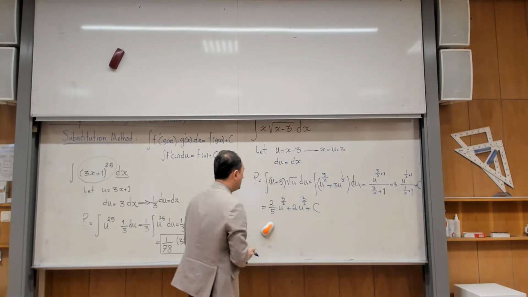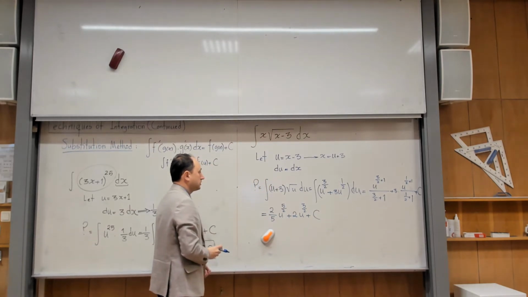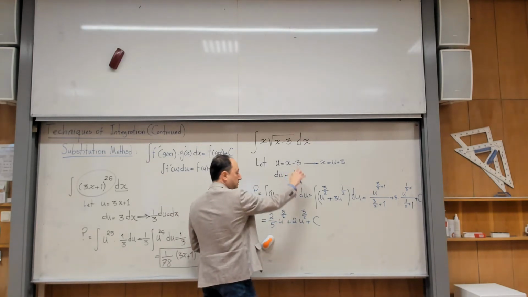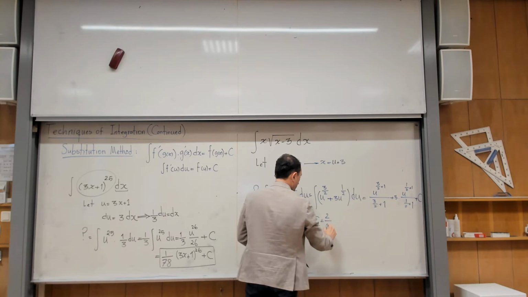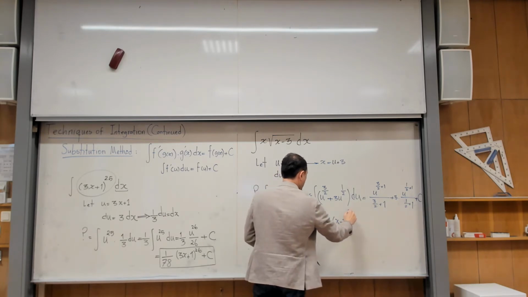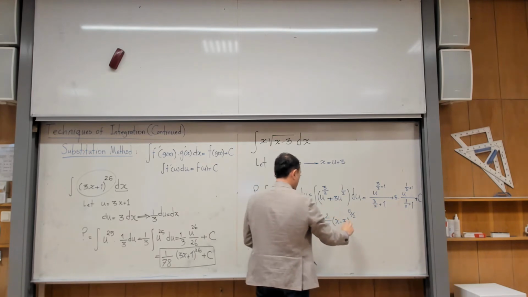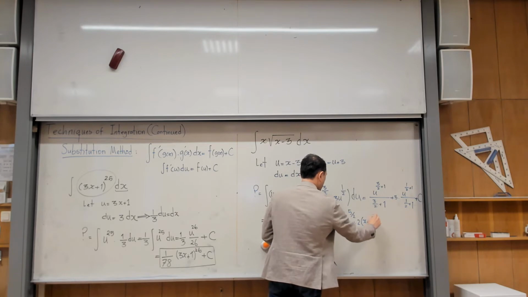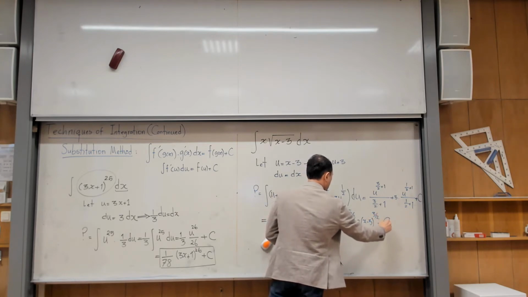But you shouldn't stop here because you have to write everything in terms of x. So I replace u with what I had before. So this becomes 2 over 5 times x minus 3 to the power of 5 over 2, plus 2 times x minus 3 to the power of 3/2, and then you have a constant at the end.